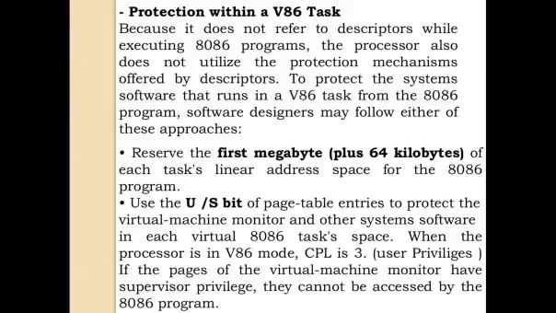If the pages of the virtual machine monitor have supervisor privilege, they cannot be accessed by the 8086 program. So if the pages are under supervisor privilege, the 8086 program cannot access those pages, while the 8086 program itself runs at CPL 3.